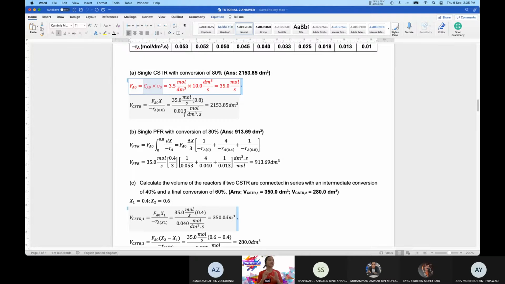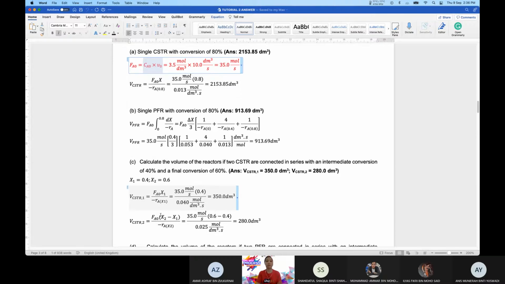As long as they don't mention any changes in CA0 or V0, you may assume FA0 stays the same. Unless they say there are changes in CA0 or V0, then you have to recalculate. But if they don't say, it's safe to assume FA0 is the same. So we use the previous FA0, 35 mole per second.